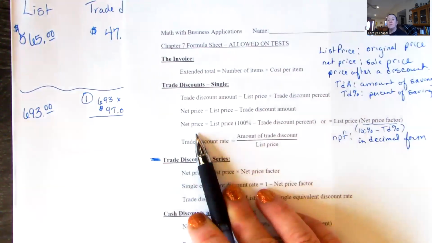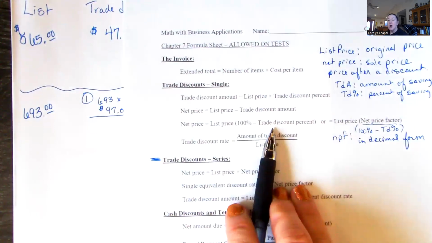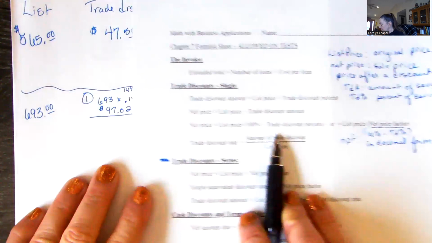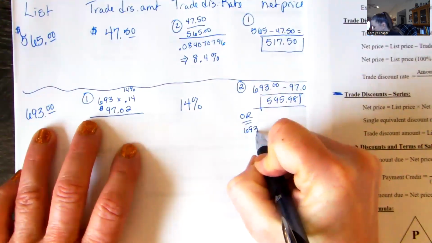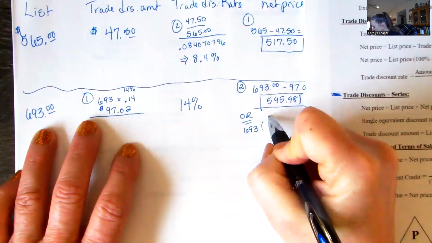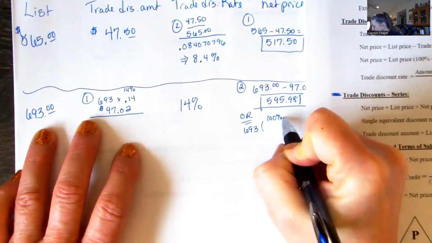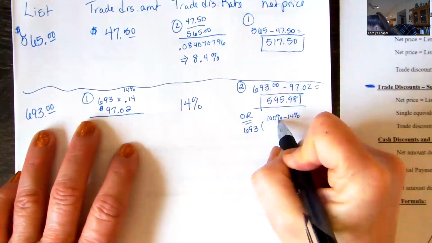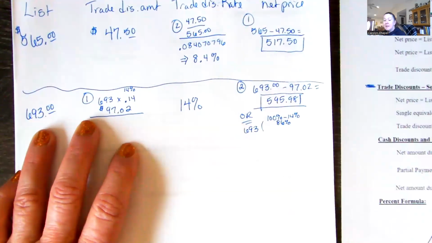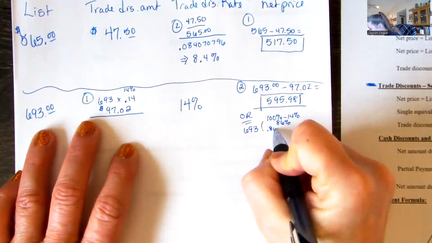Remembering net price is the amount after discount. So we need our rate to also be that amount after the discount. So we could have taken our 693 and multiplied it by that 100% minus our 14%, which is 86%, but again, in its decimal form, 0.86.